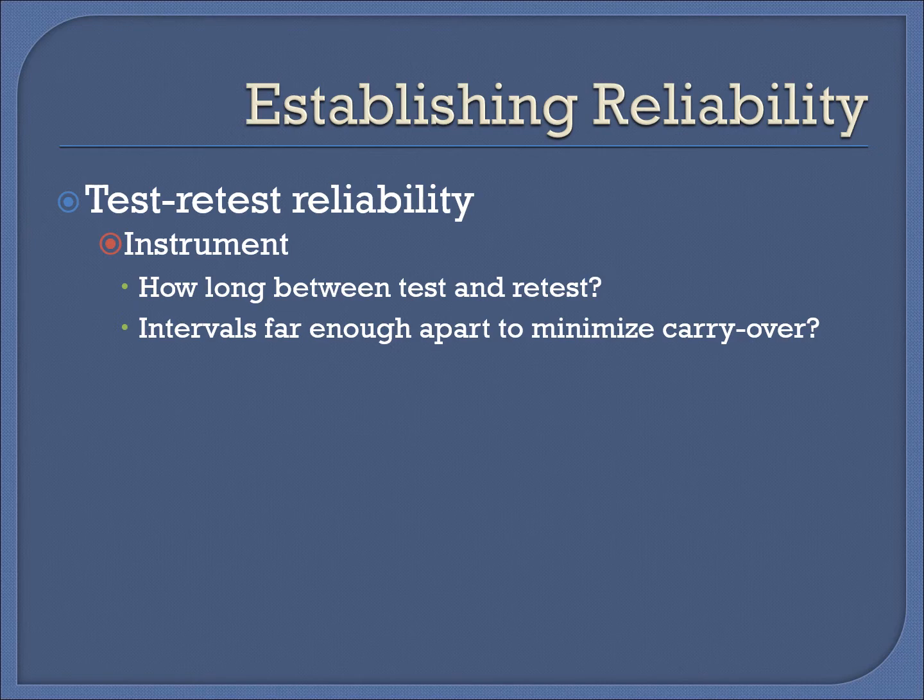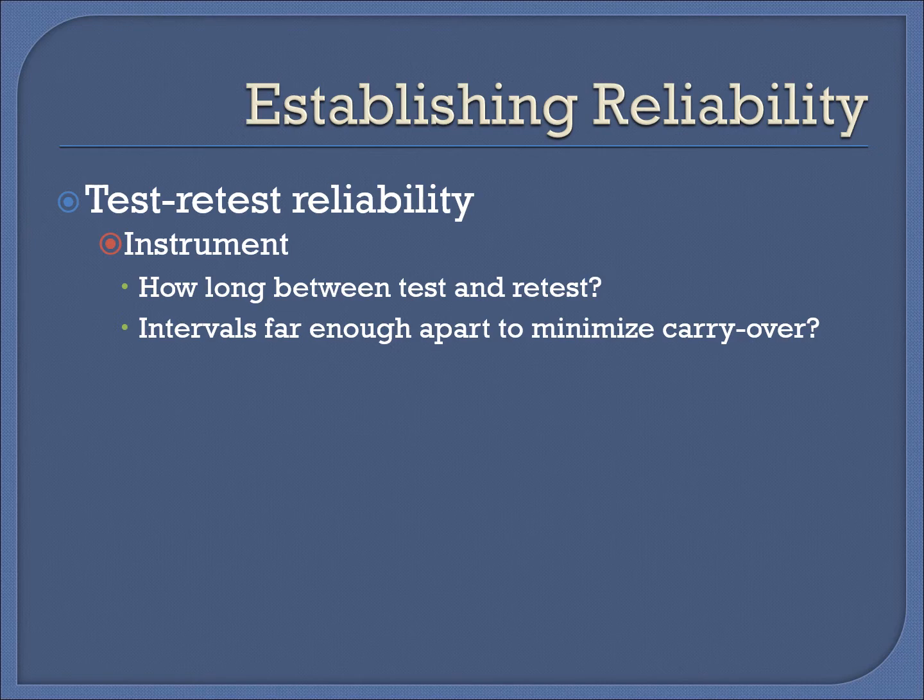Some questions that come up are, how long should the test and retest interval be when we're evaluating reliability? A good question along the lines of that too is, what type of measurement are you going to use in the clinic? When will this patient be evaluated, and when will their reevaluation be to determine outcome and if the patient's improved?